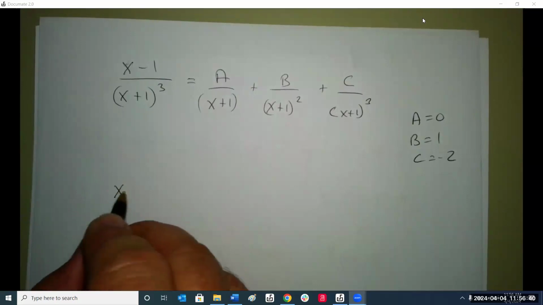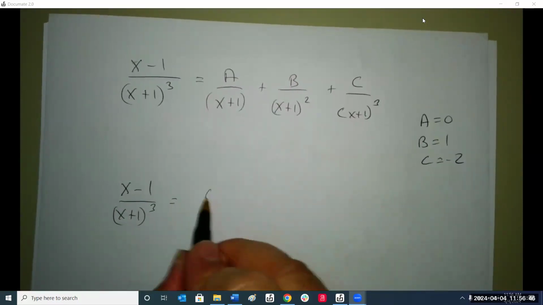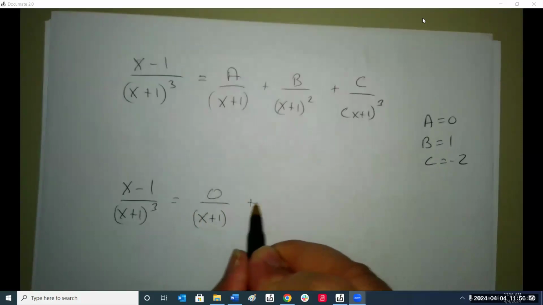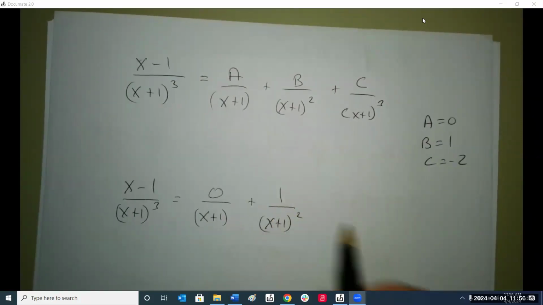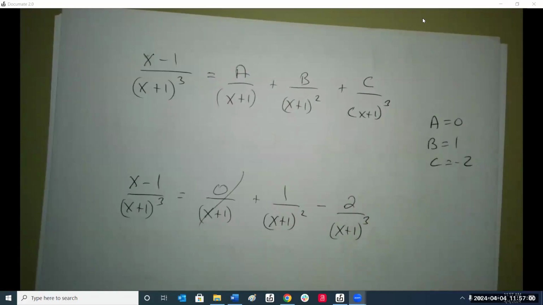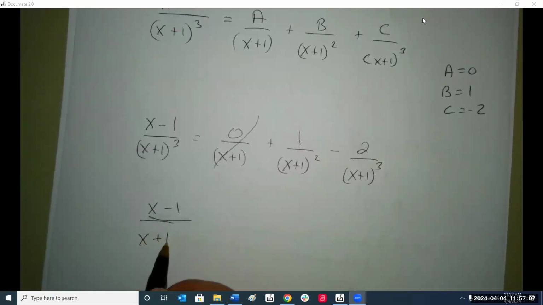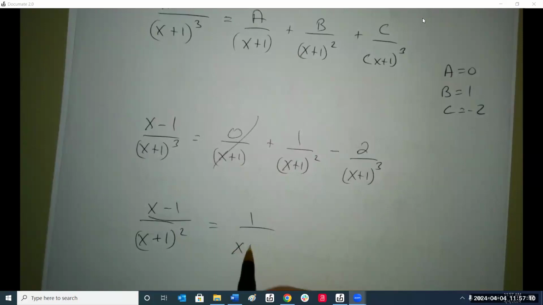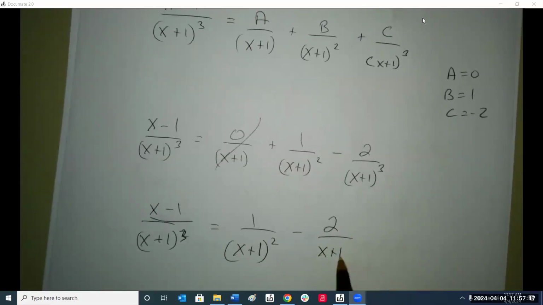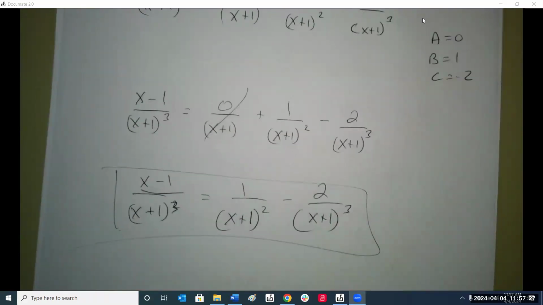So it gives us (x minus 1) over (x plus 1) cubed equals 0 over x plus 1, plus 1 over (x plus 1) squared, minus 2 over (x plus 1) cubed. And that's how we'd find A, B, and C.